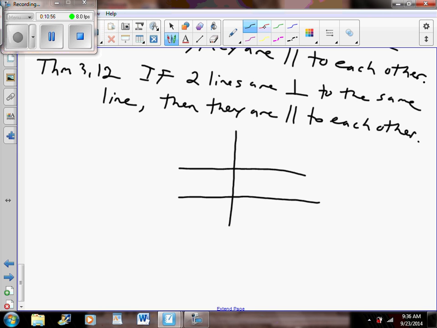If I do this, I've got a right angle here and a right angle here. Can you see why those two lines would have to be parallel? Both of these are perpendicular to the same line, so they've got to be parallel to each other. Right? So I want us to construct a two-column proof in regards to this.